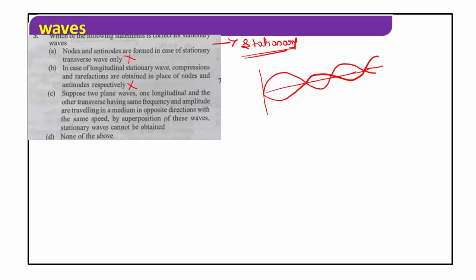By superposition of these two waves, stationary waves cannot be obtained. This is right. When two waves collide or combine with each other, the stationary wave is formed. And option D, none of the above. Option C is the right answer for this question.